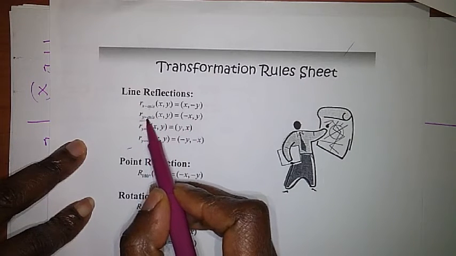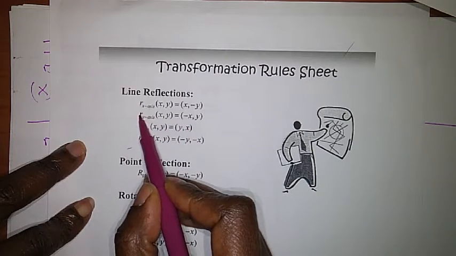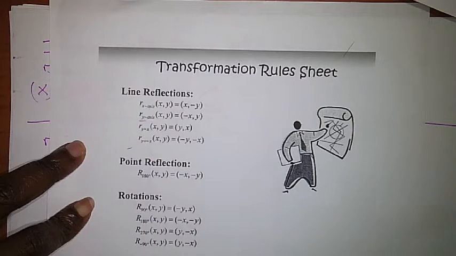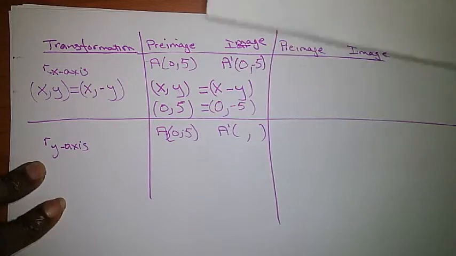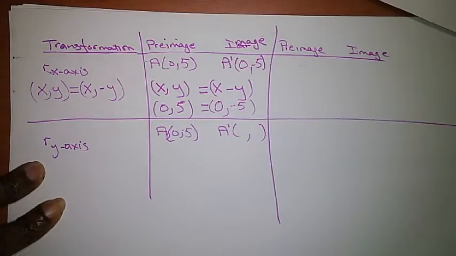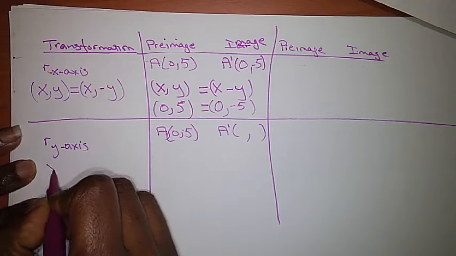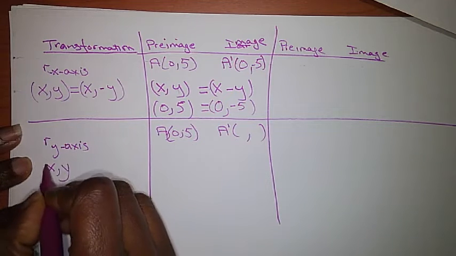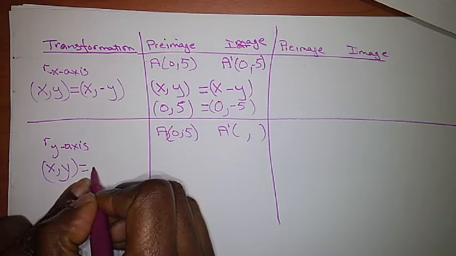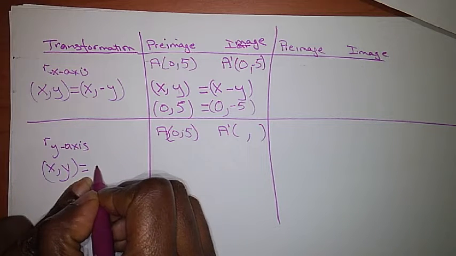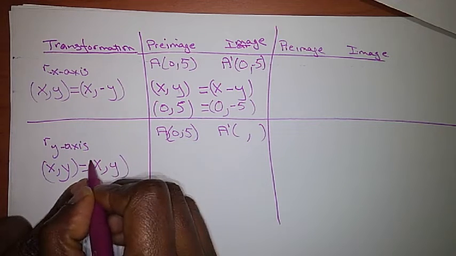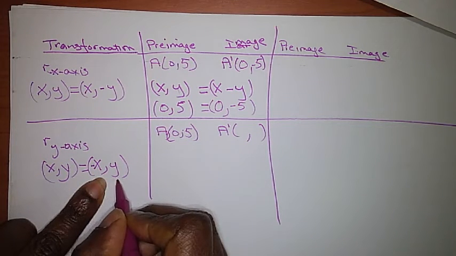This is the rule for reflection over the y-axis. It says my x and y coordinate, after the reflection, my x value is going to change and my y remains the same.